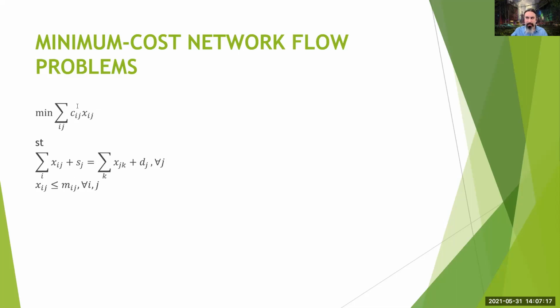So minimize the cost of arcs, make sure the arc flows are less than their capacity, and all nodes are in balance, supply of nodes and demand of nodes. So this is how we can solve the MCNF problems, minimum cost network flow problems. Okay, any questions?